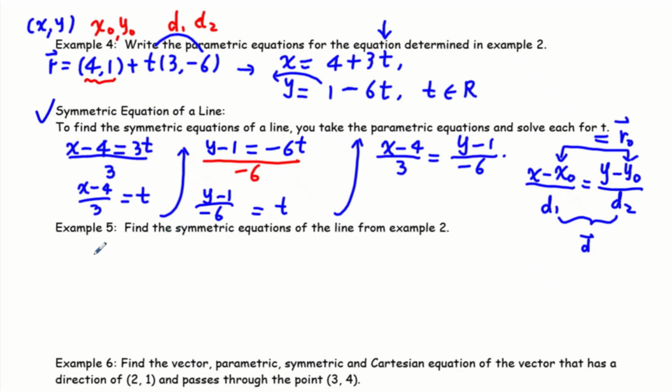So we are going to write it: x minus x0, which is 4, divided by the x direction vector, equals y minus y0 divided by the y direction vector, so it's negative 6. Then it's done. This is how you do it, okay? It's the same as what we did here.